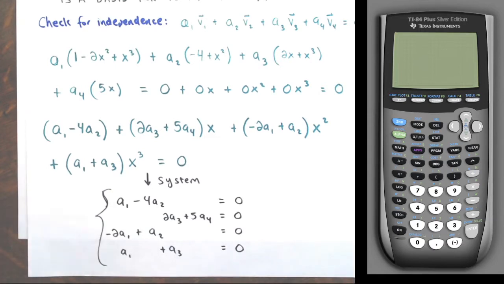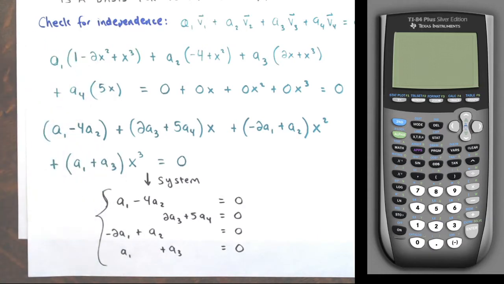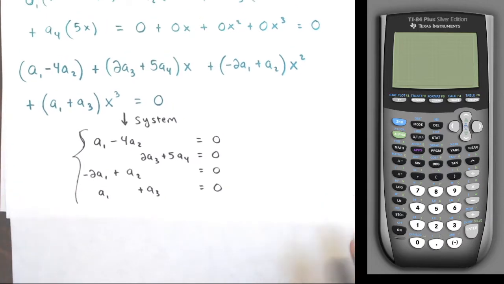So no matter what vectors you have, whether the vectors are from Euclidean space, or the vectors are polynomials, when you're trying to test for spanning or independence, you're going to end up solving a system of linear equations. Then I'll write the corresponding augmented matrix here, and then we'll put that matrix into the calculator. You can do it by hand if you want, but I'll go to the calculator.